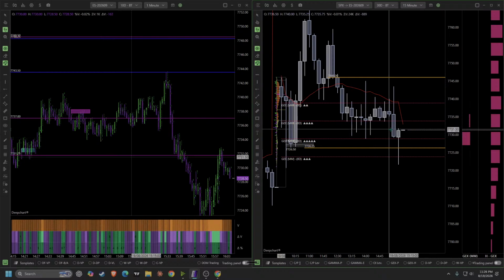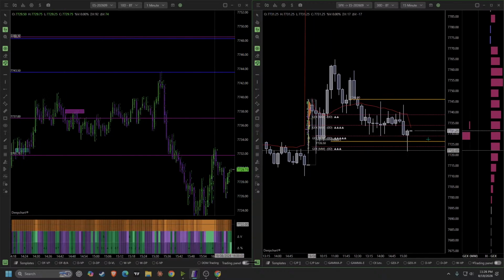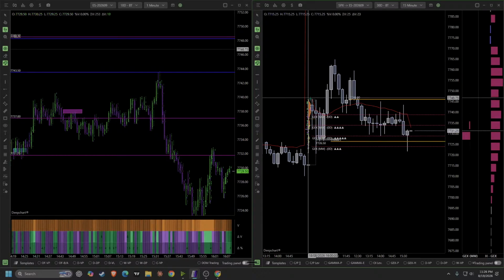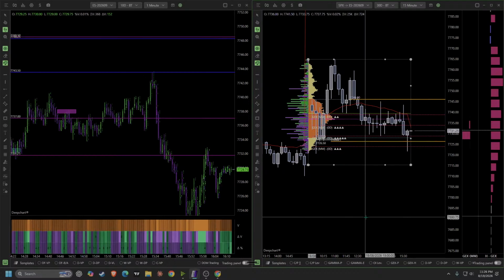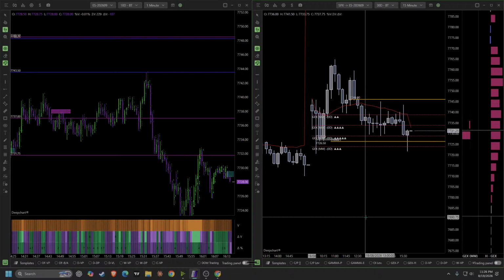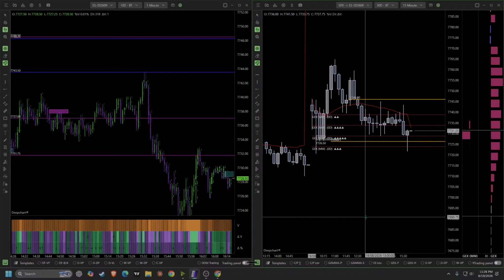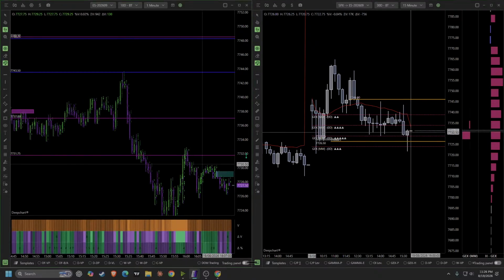So we would have got stopped out in that trade if we took a long. Obviously it's in the range, so probably not the best idea. That's pretty much it. Pretty uneventful day.